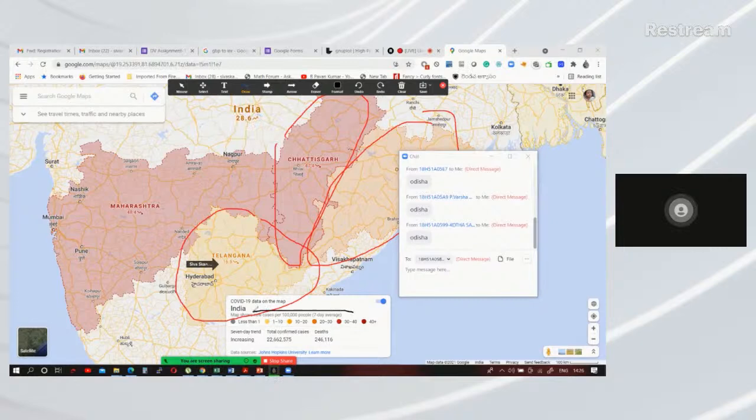Legends means the names or the representation of a graph. So depending upon the legends, you understand the visualization of the graph, and that too, this map is a dynamic map.